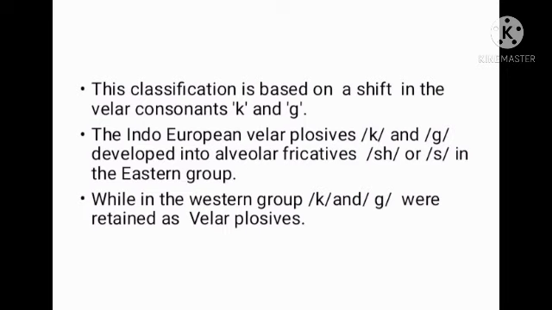For instance, kmtom, the Indo-European form of 100, developed into shatam in Sanskrit. Here, the sound k changes into the sh sound. Instead of k, we find the sh sound in the Eastern group. And in the Western or Centum group, for instance in Latin, the sound k is retained.